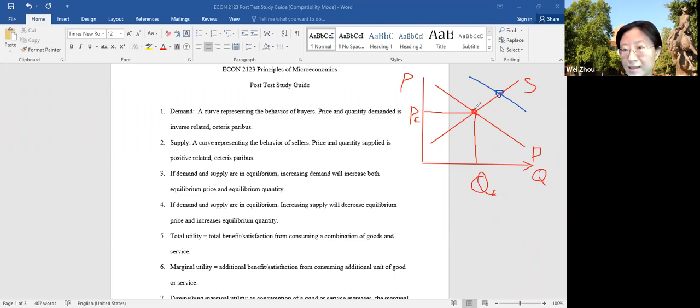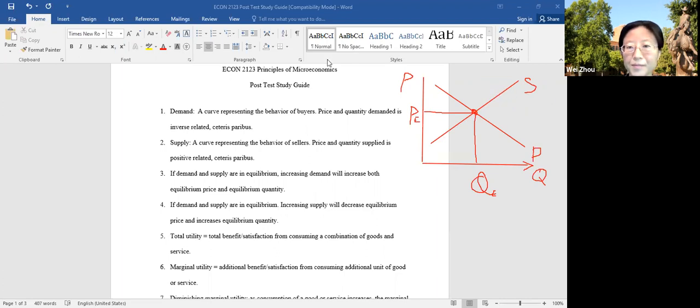So we can see when demand goes up, the new equilibrium price and the new equilibrium quantity go up. So that is for demand going up to a new place. And the other one is, they want you to understand that not only can demand change, supply can change. So let's shift the supply.